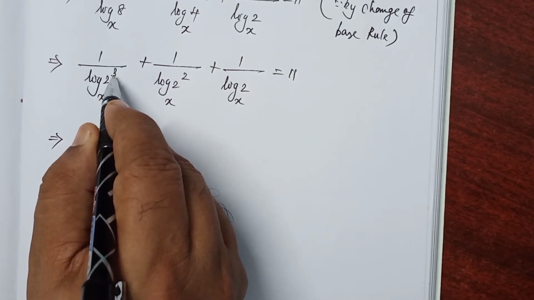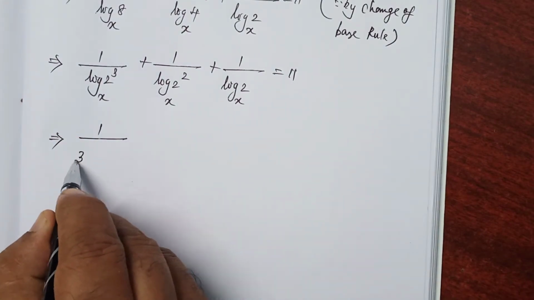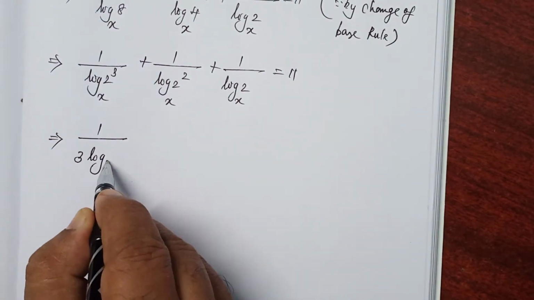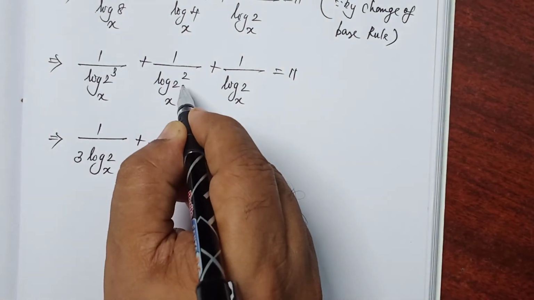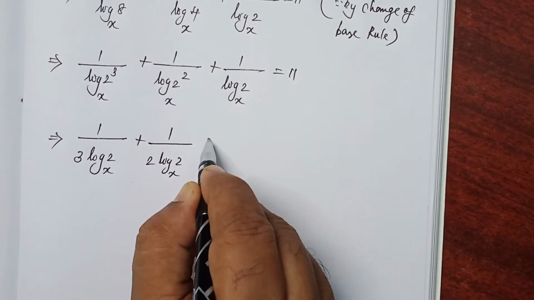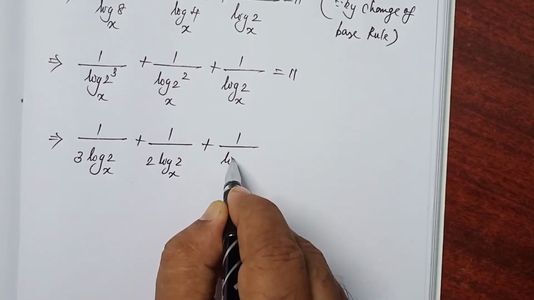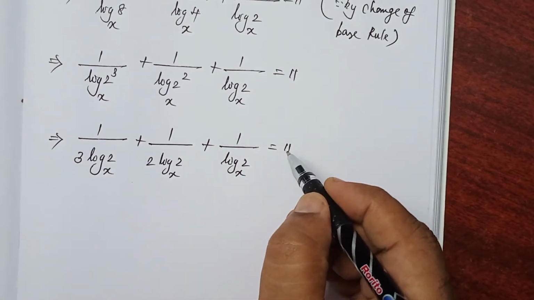According to the power rule of logarithm, 3 can be brought before logarithm, 3 log 2 to the base x plus, like that, same power rule, 2 log 2 to the base x, plus 1 divided by log 2 to the base x, that is equal to 11.